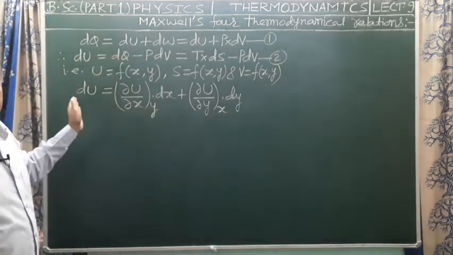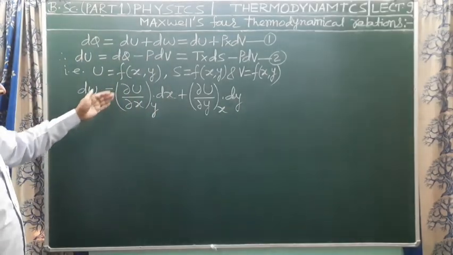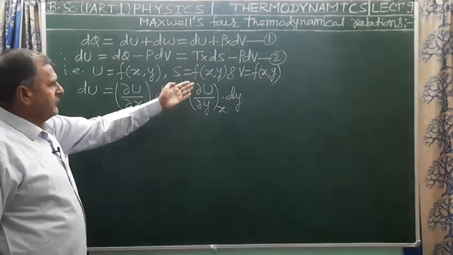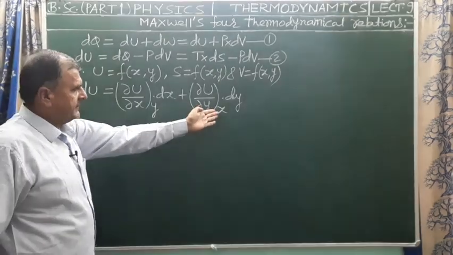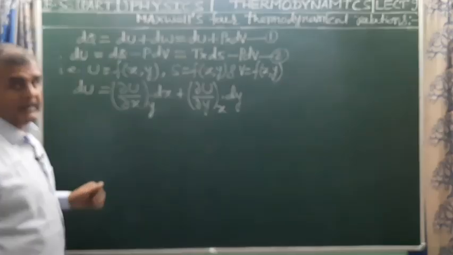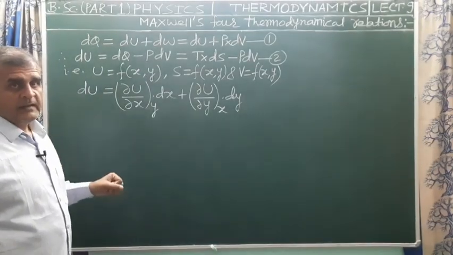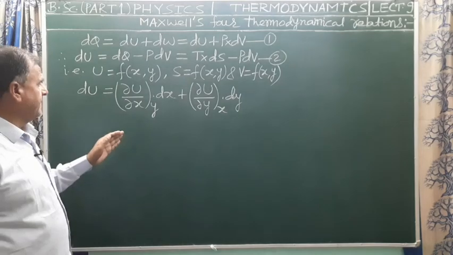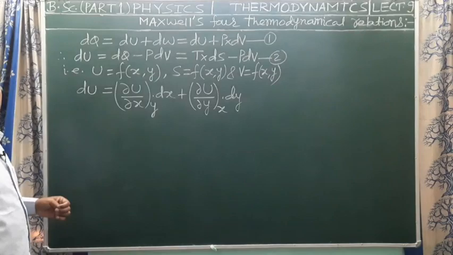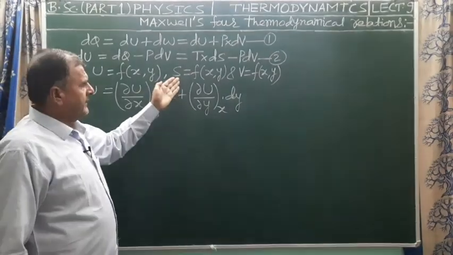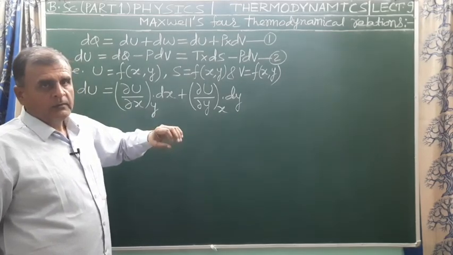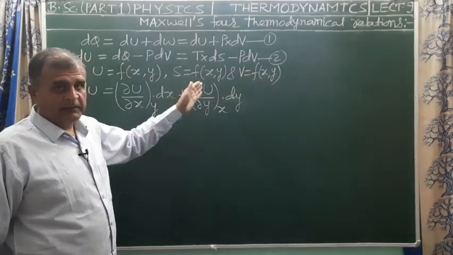So the change in internal energy du equals del u upon del x at constant y into dx plus del u upon del y at constant x into dy, because we have assumed that internal energy U is a function of two variables, x and y. Similarly, we have also assumed that entropy S and volume V of the system are also functions of two variables x and y.